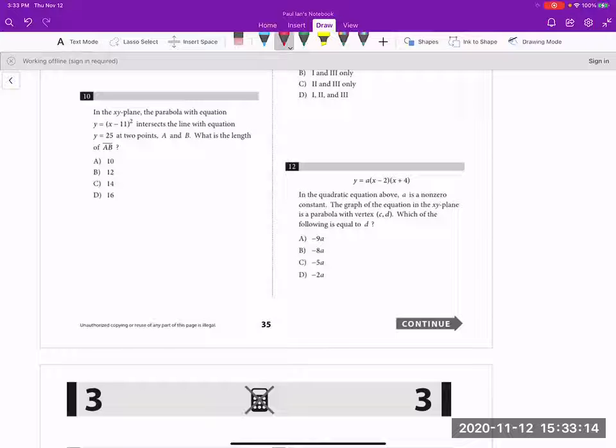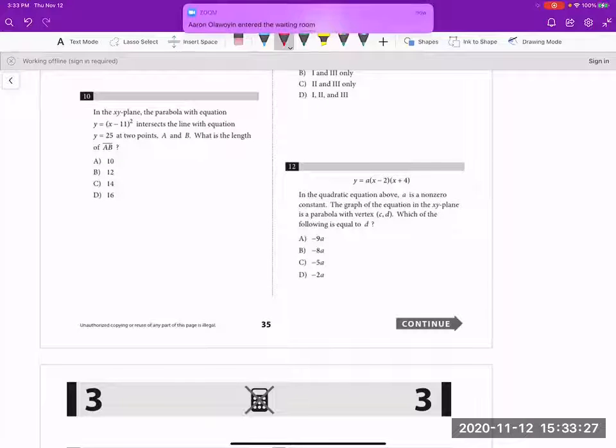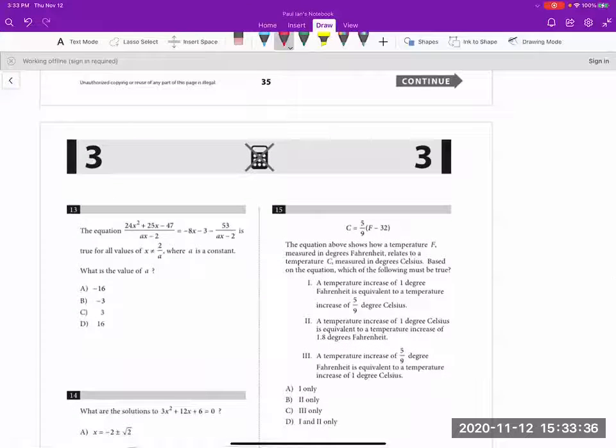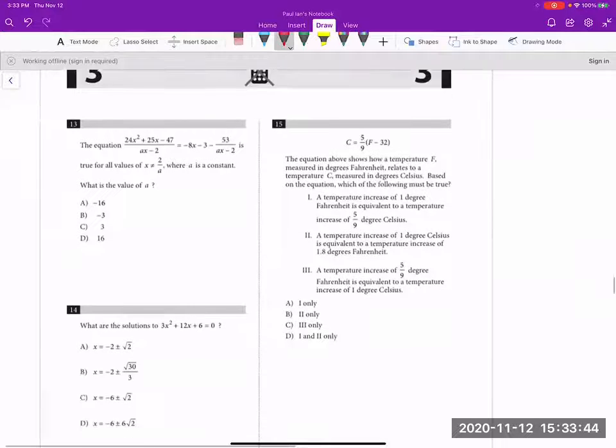So the vertex is, let me see what the vertex is. The let's see, 14.